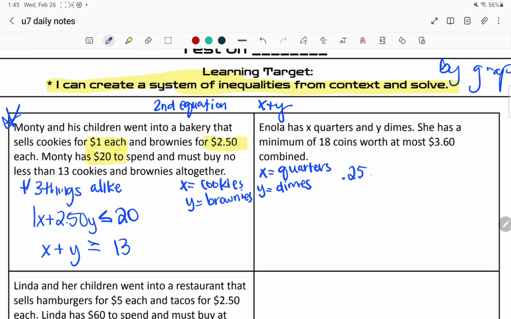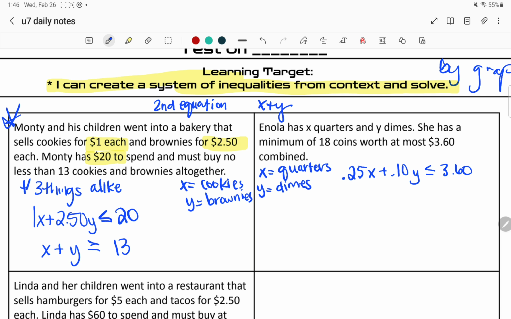Quarter is 25 cents and quarter is x. So we're going to keep those together. Plus 10 cents is a dime for y. And at most $3.60. So the highest I can go is $3.60. So I can't go higher. So I have to go less.